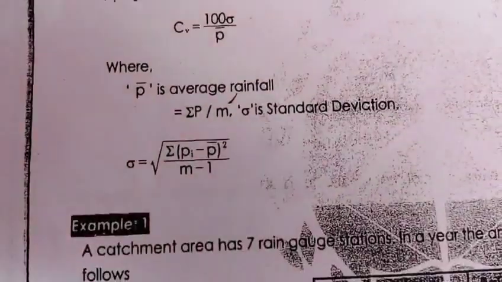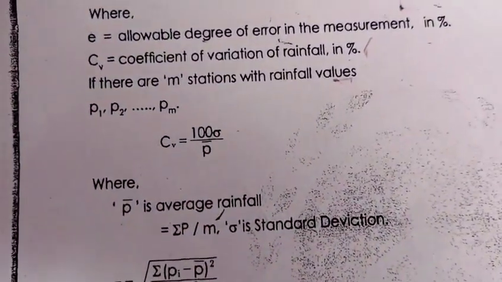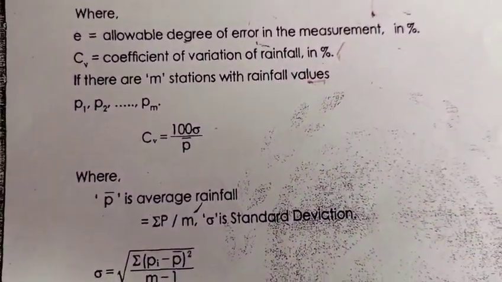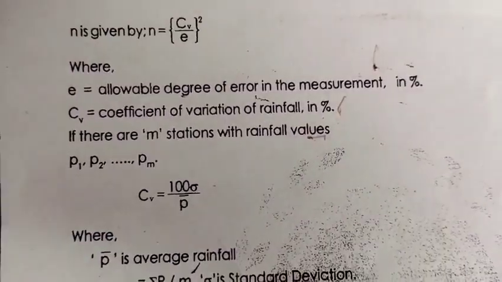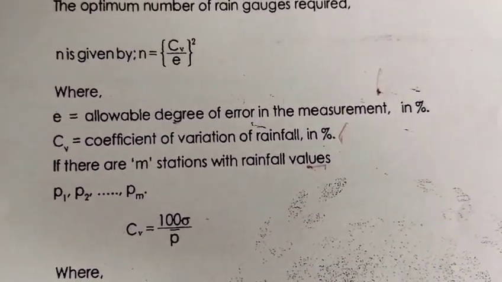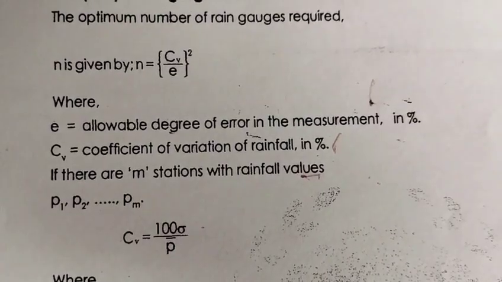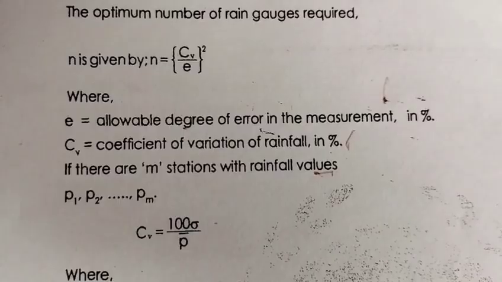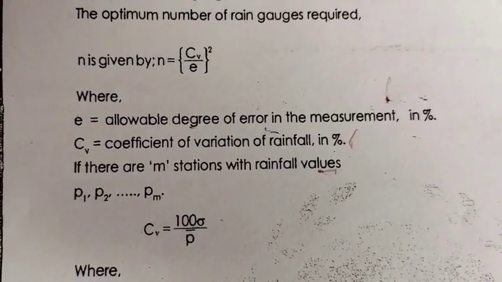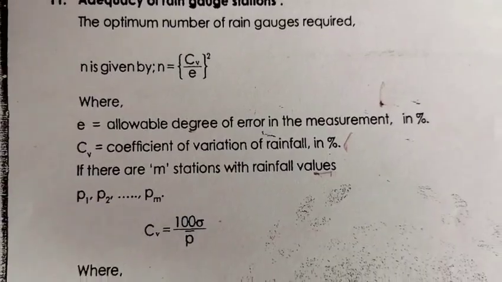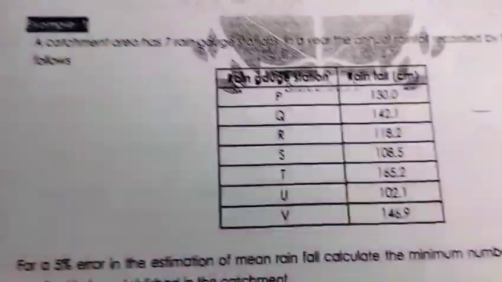Now by these steps we will calculate the value of the optimum number of rain gauges required by (CV by E) bracket raised to 2. So now see the exercise, and by that exercise we will come to know how to calculate the optimum number of rain gauges.